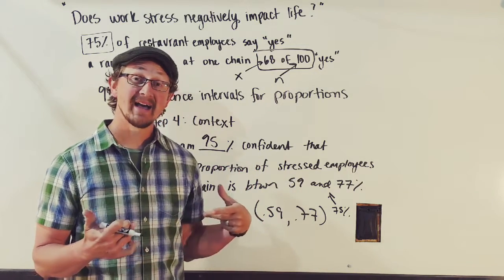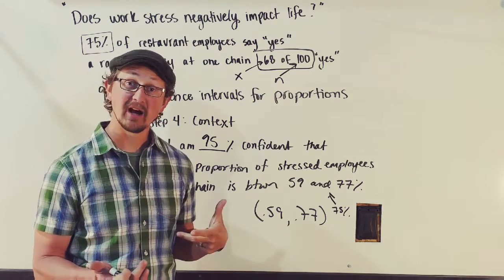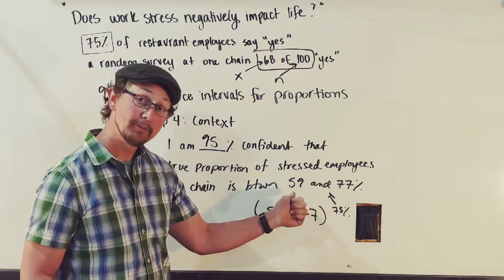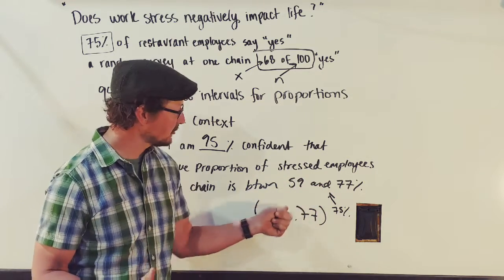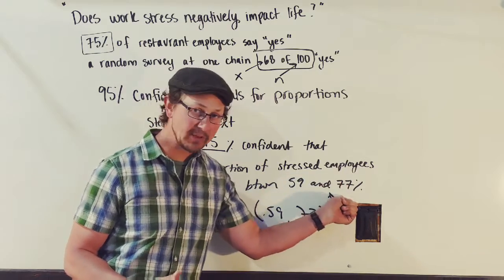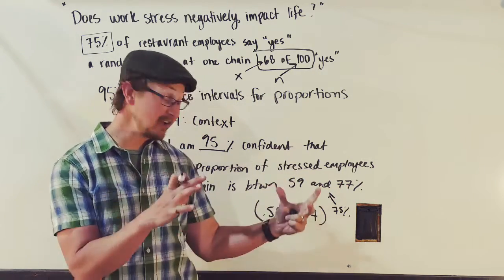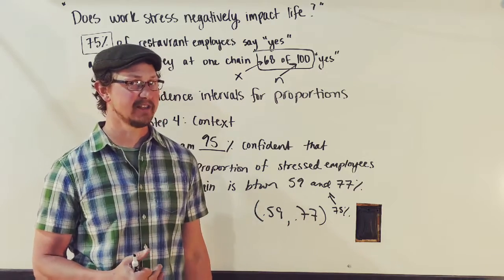If my null hypothesis was on the outside of my confidence interval, then we would reject the hypothesis. For example, if my confidence interval was 59 to 73%, then the whole chunk is less than 75. So that would lend itself to a rejection of the null hypothesis.